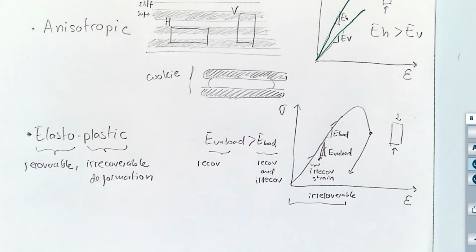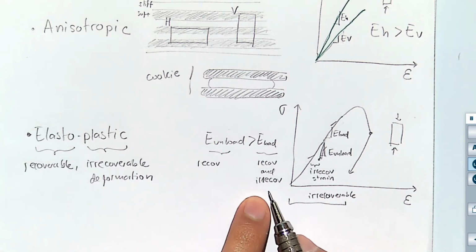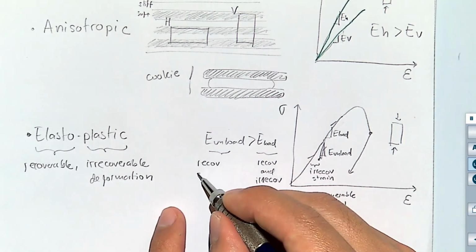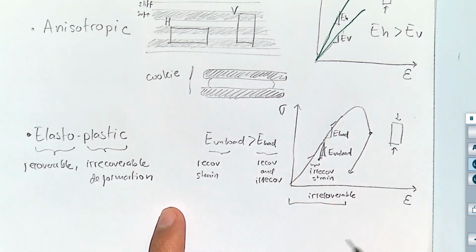The question now is which one you use in practice. If you were to do, for example, a hydraulic fracture design, which modulus would you use? The loading modulus that puts together recoverable and irrecoverable strain, or the unloading modulus?